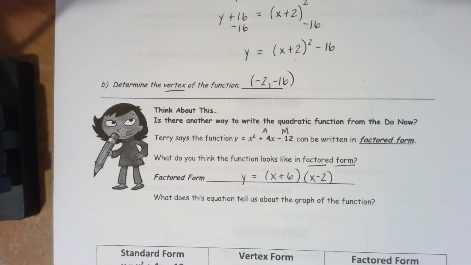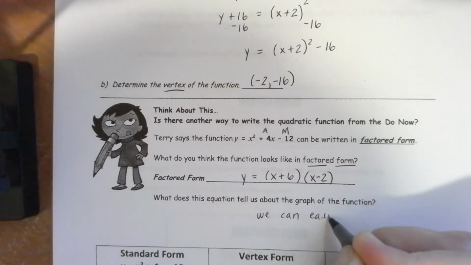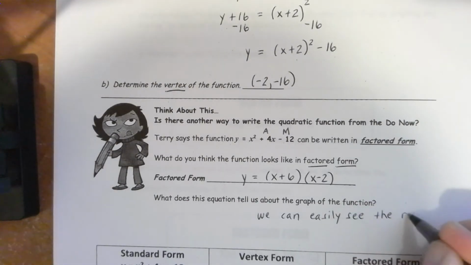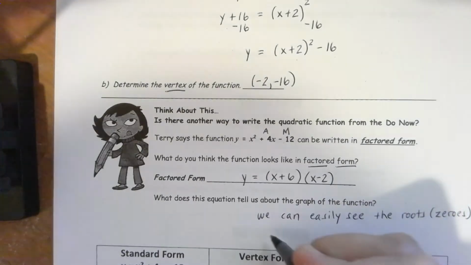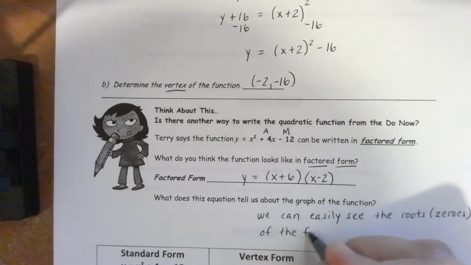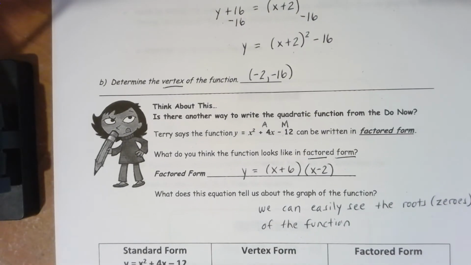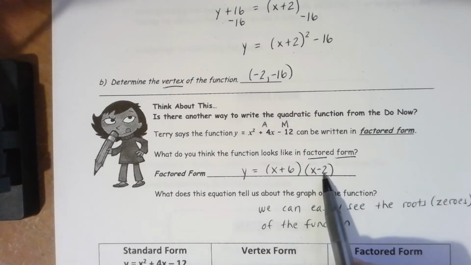What does that equation tell us about the graph of the function? What it says is just by looking at that, we can easily see the roots or zeros of the function. The roots or zeros of the function are the numbers that are the opposite of the ones you see inside these parentheses.